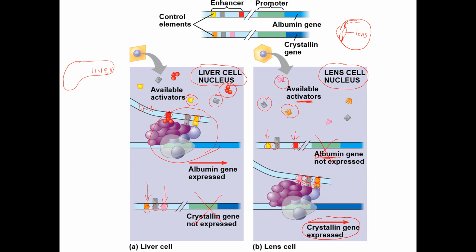And so that does increase transcription of crystallin, and you do get a high rate of crystallin gene expression in the lens of the eye. Really beautiful example of how differential gene expression occurs. It's because you have these different proteins that are available to turn on some enhancers and some genes and to not turn on other genes.